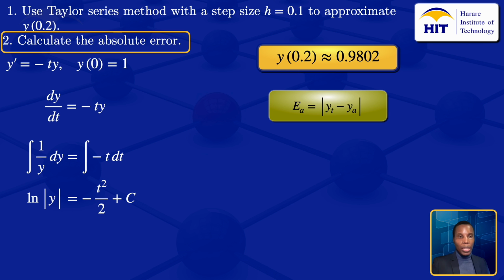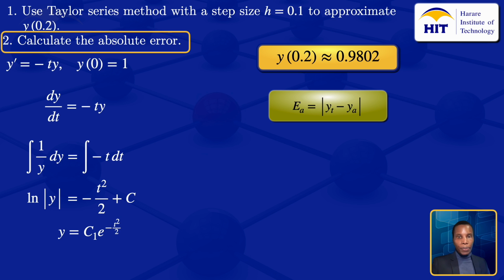And we can make y the subject of the formula, take exponents on both sides, so that we would have there our y is equal to a constant c1 multiplied by exponent of minus t squared divided by 2. And this constant c1, I obtained it by taking the exponent of c, because it will give us exponent of c multiplied by the exponent of minus t squared over 2. So the exponent of c is the one that I wrote as the c1 here.